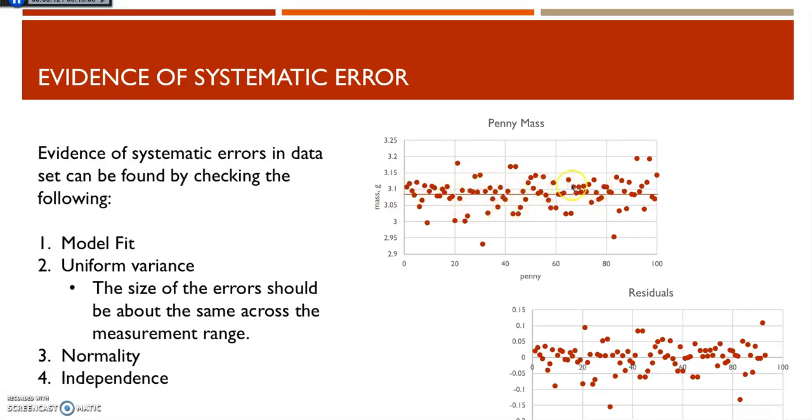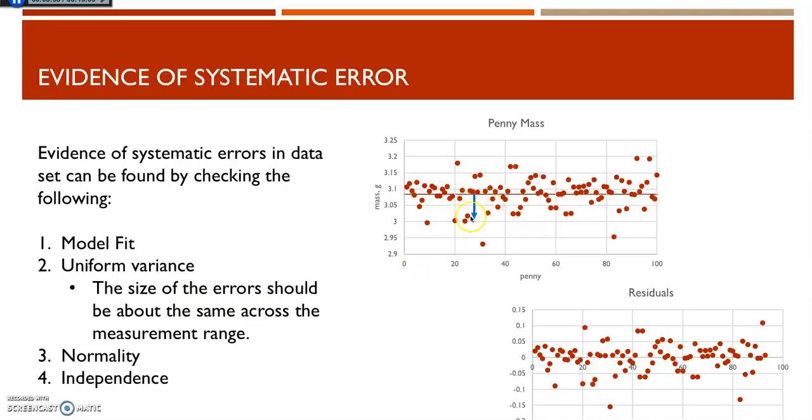And it looks like this is pretty randomly distributed. If you look at the residuals, this is a little easier to see. These look like almost exactly the same plot. Again, the 0 line is the average line that's here, and then this is just going to be the differences on either side. So what uniform variance means is that the size of the error should be about the same across the measurement range.